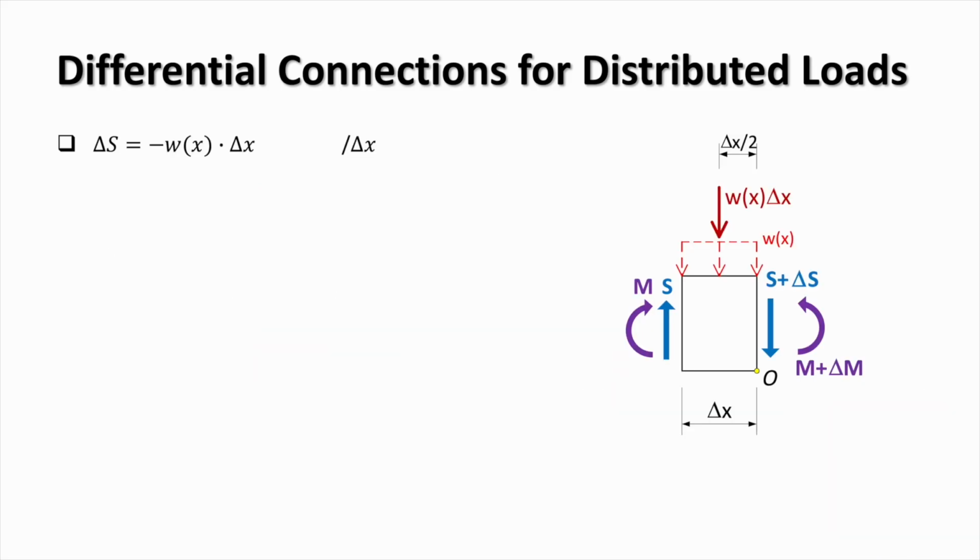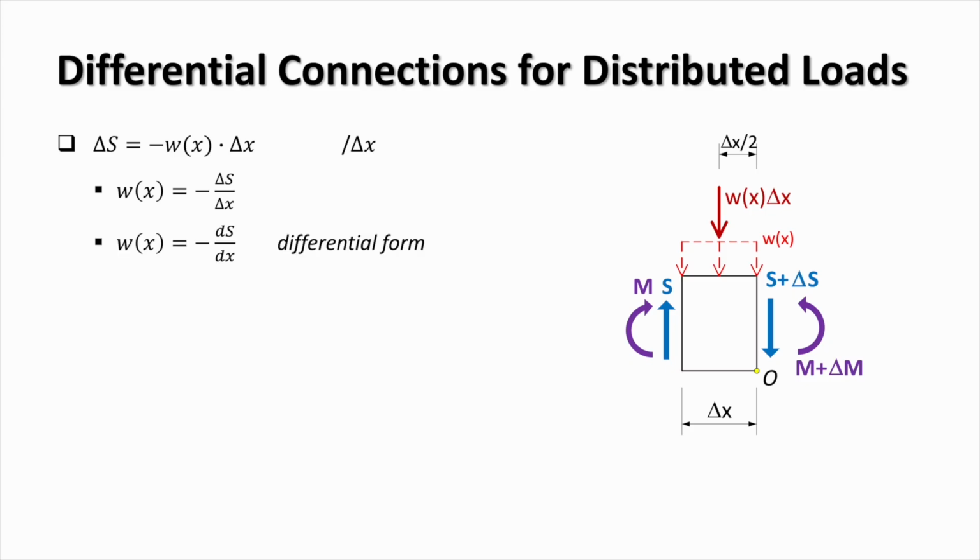We now convert the previously derived relationships into differential form. Starting with delta S equals negative w of x multiplied by delta x, dividing both sides by delta x and isolating w of x gives us w of x equals minus delta S divided by delta x.